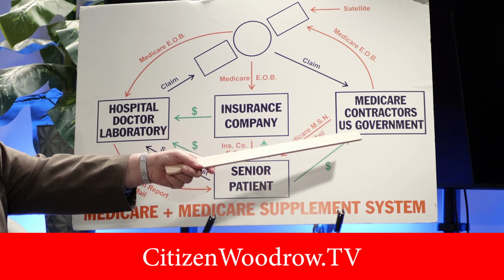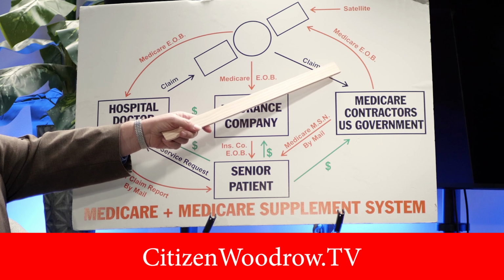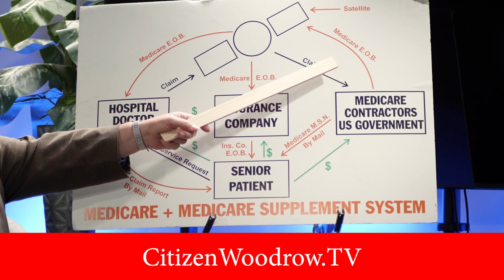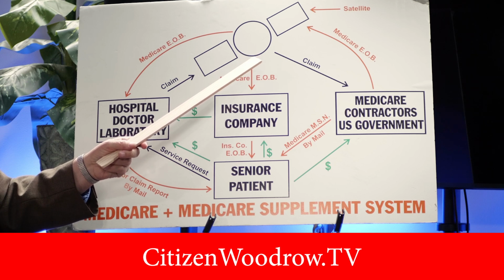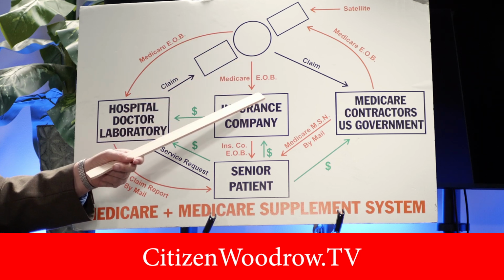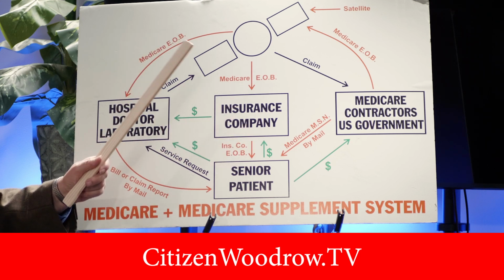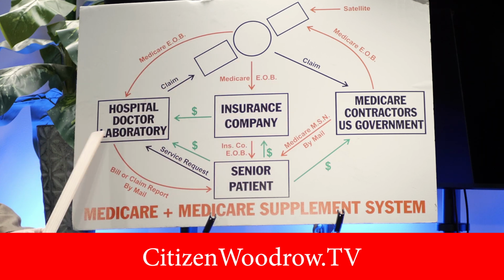Then Medicare, the contractors of the U.S. government, send the Medicare EOB, which is explanation of benefits, through the communication system. I'm pointing to the satellite just to represent the whole communication system. And that goes down to the insurance company and to the senior citizen. It also goes back to the hospital, doctor, laboratory, or other medical service provider.